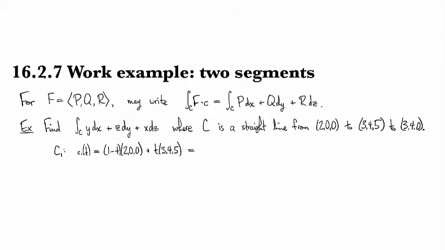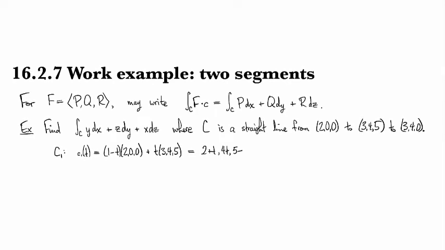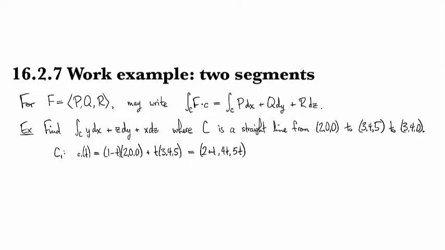And so putting this together, I get 2 plus t, 4t, and 5t. So that's my path. Let me just tidy that up a little bit.